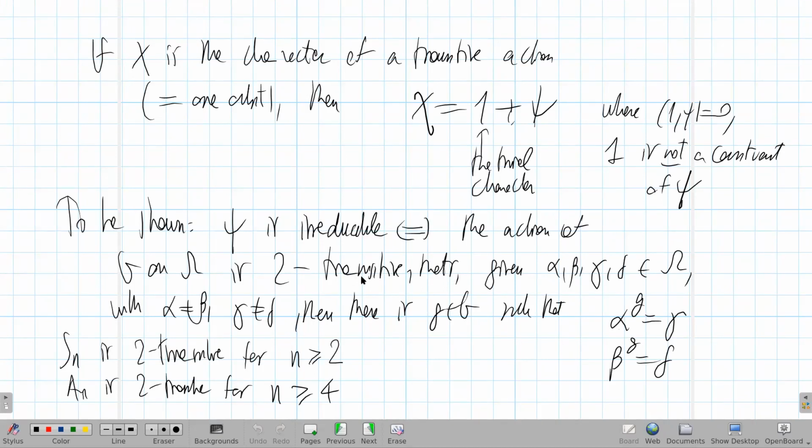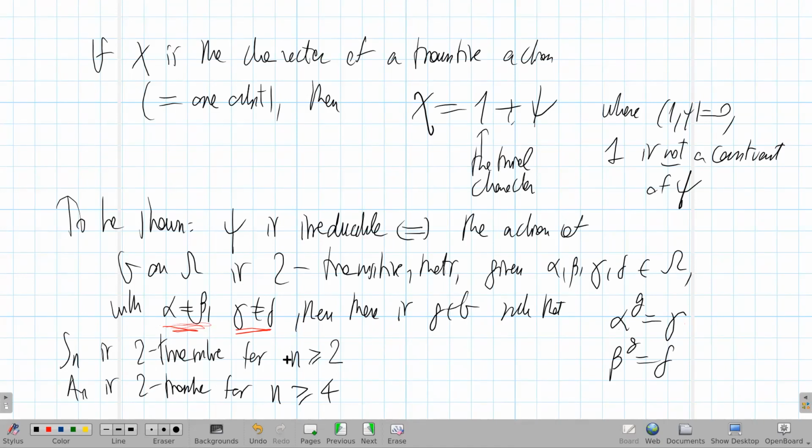Two-transitive means that you can take any two distinct elements to any other pair of distinct elements, okay? So given distinct elements alpha and beta and distinct elements gamma and delta, there is a g in G which takes alpha to gamma and beta to delta, okay? They have to be distinct. I mean, you cannot take the same element here and pretend that alpha goes to two different elements.